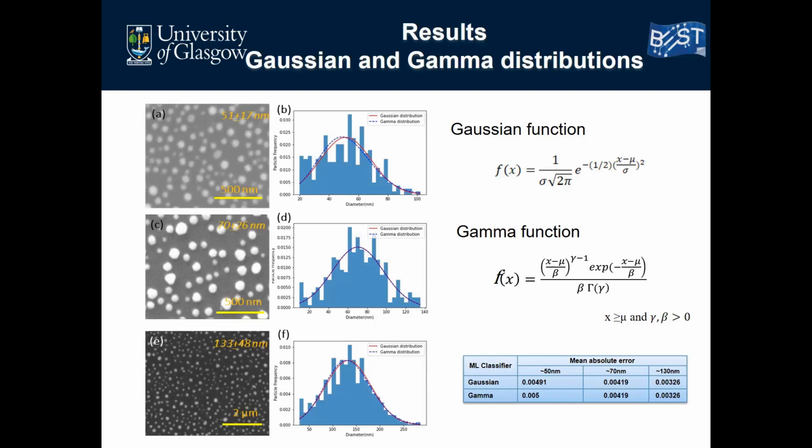In that work, we used Gaussian and Gamma function based fits or models to fit nanoparticles in 3 different size regions: around 50, around 70, and around 150 nanometer. The reason is that the distribution is a Gaussian or normal distribution, where there is a minimum, a maximum and a peak.